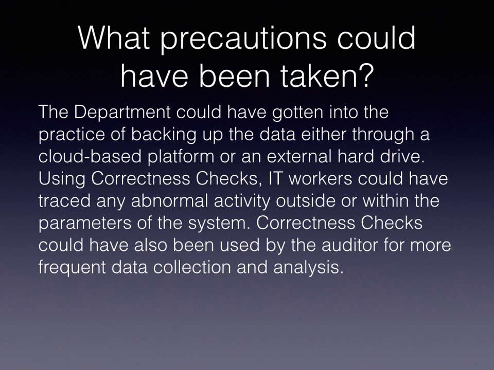And also, by using correctness checks, IT could have traced any abnormal activity outside or within the parameters of the system. This concept of correctness checks could have also been applied to the auditor, in that he could have more frequently asked for data collection and analysis from the IT department.